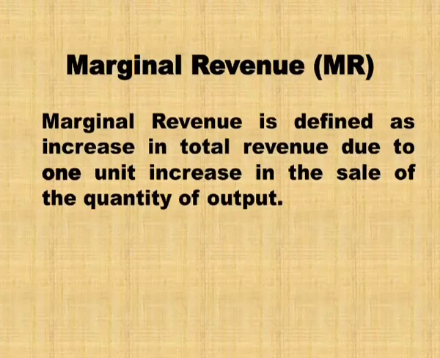Marginal revenue is defined as increase in total revenue due to 1 unit increase in the sale of the quantity of output. In the above example, the vendor that we have shown increases the sale to 21 kg.